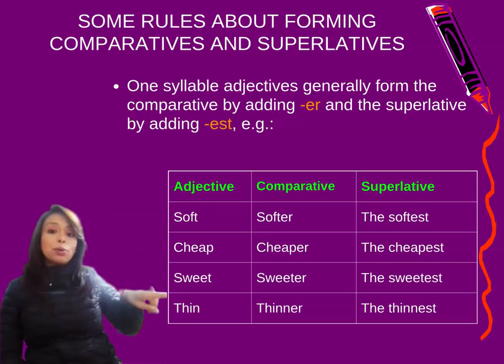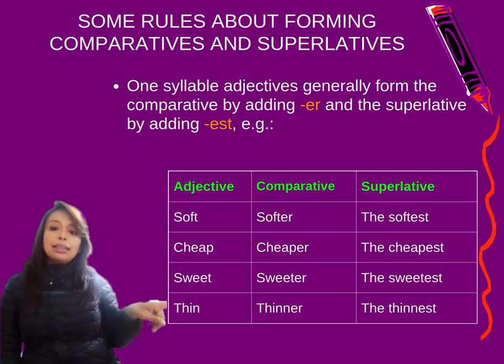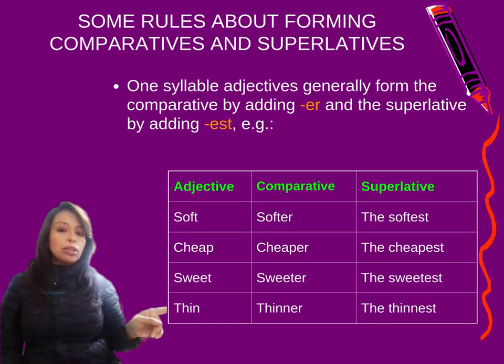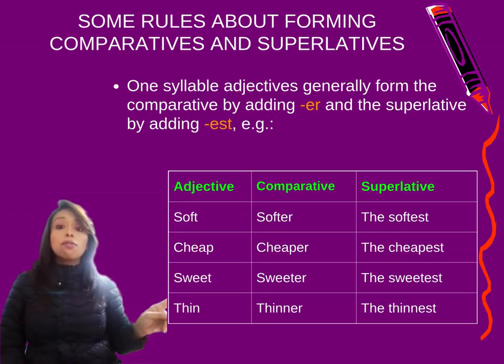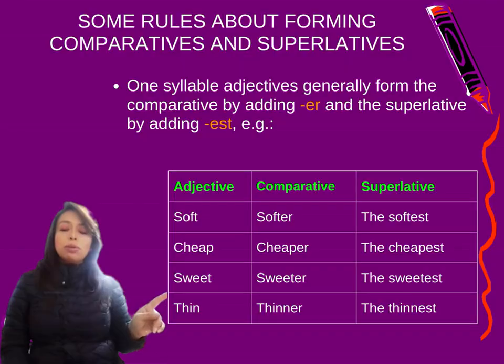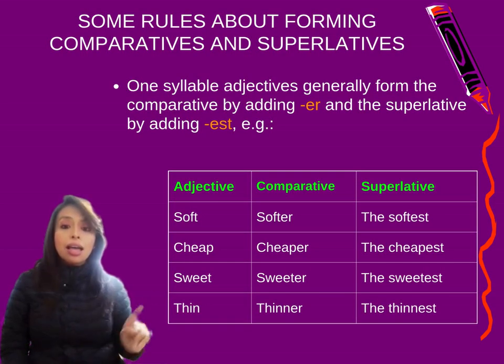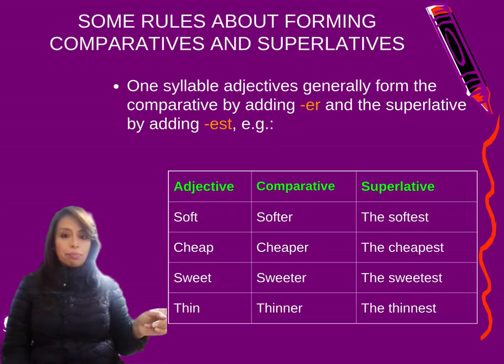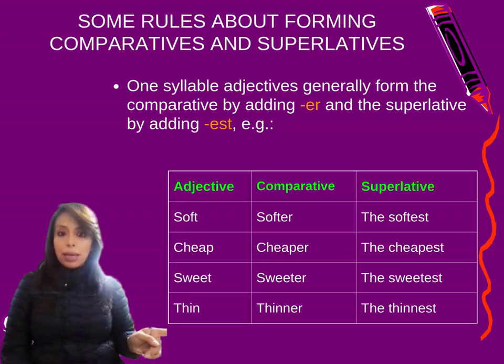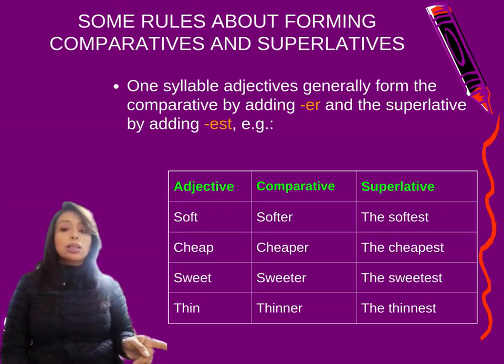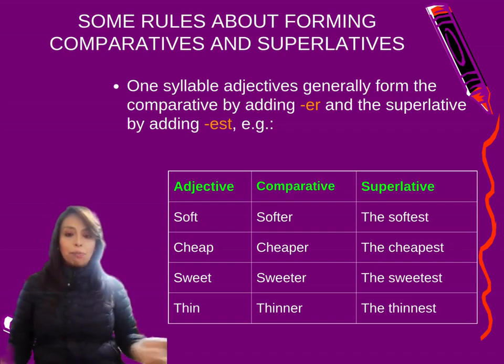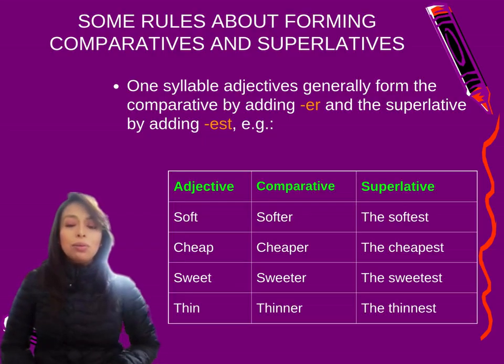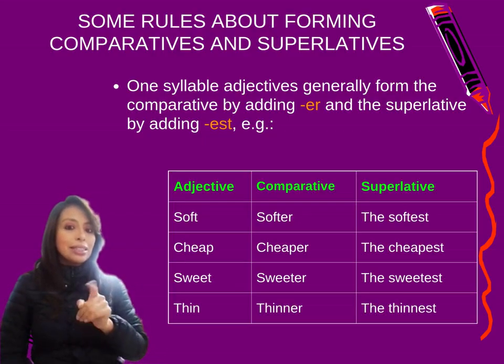For example, the adjective is soft, the comparative is softer, and the superlative is the softest. Cheap, cheaper, the cheapest. Sweet, sweeter, the sweetest. Thin, thinner, the thinnest. So now it's your turn to practice the first rule.